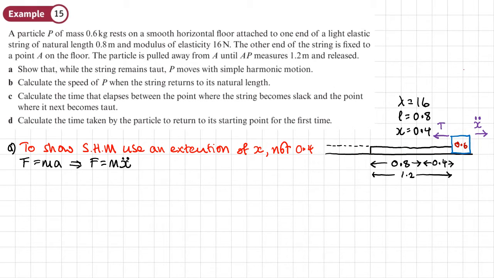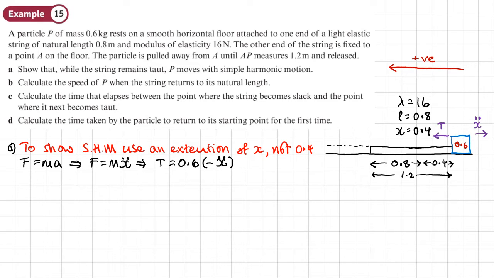So we're going to take that direction as our positive direction because that is the direction which the tension is pointing in. That's going to be the only force acting on it. So we'll write T is equal to, now we'll put the mass in, 0.6. Now the acceleration we can see is pointing in the opposite direction. So that's going to be negative x double dot there.